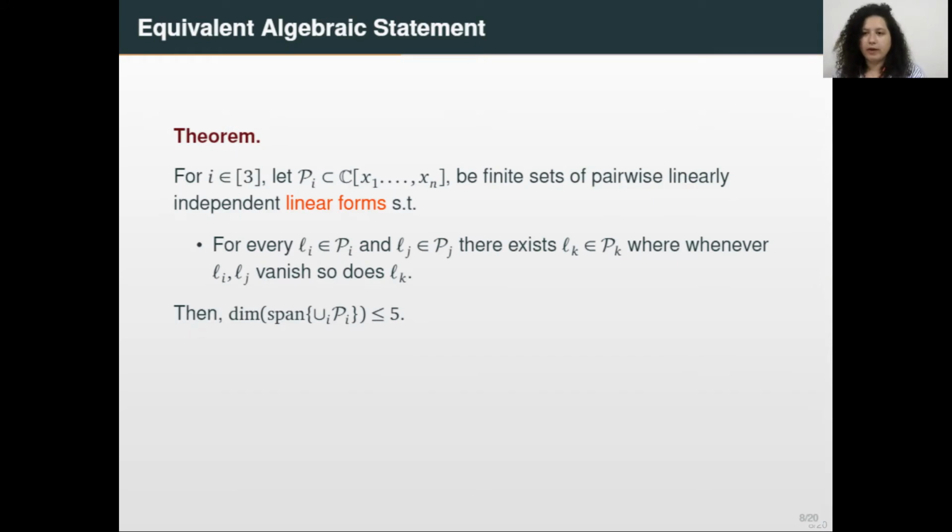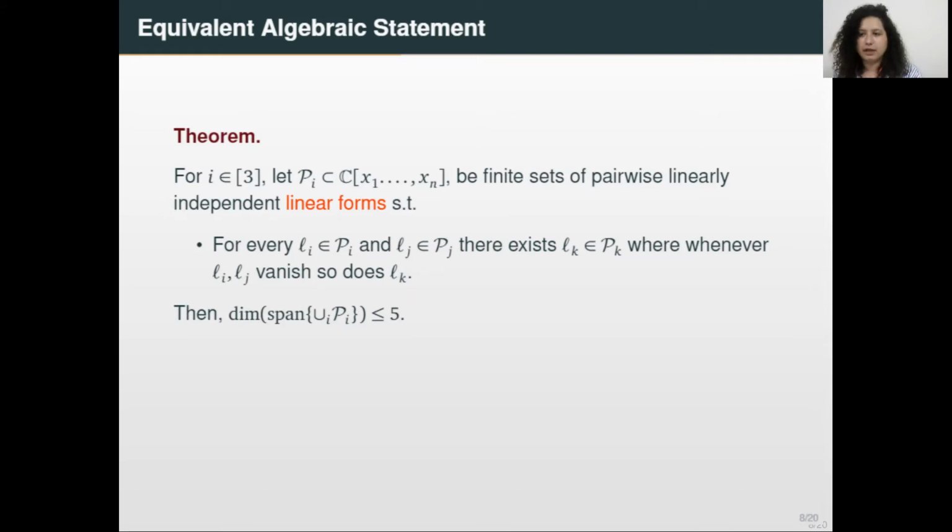There is an equivalent algebraic theorem for Edelstein-Kelly, which states the following. If we have 3 sets of pairwise linearly independent linear forms, by that we mean homogeneous linear polynomials, and assume that they satisfy the polynomial Edelstein-Kelly condition, which is: if we take Li from one set and Lj from another set, there exists a third linear form Lk in the third set such that whenever Li and Lj vanish, so does Lk.